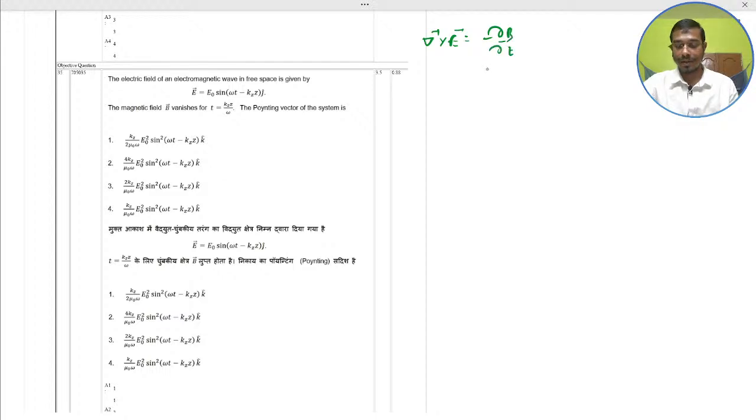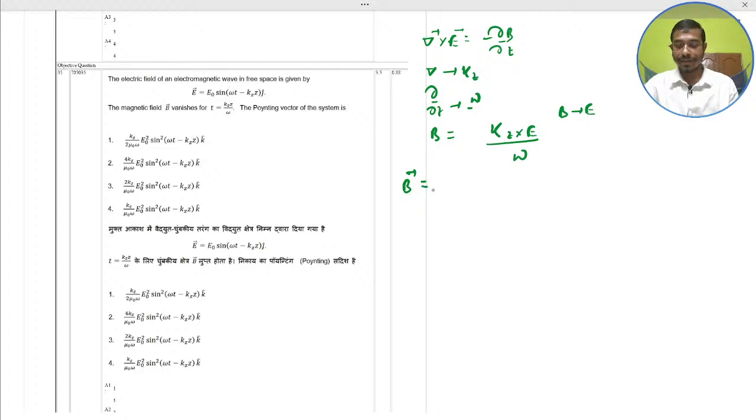Taking del and del T, that del transforms to kz and the del T to minus omega. So you just get the B equal to kz cross E divided by omega. B to E transform, magnetic field to electric field. So B would be the what?